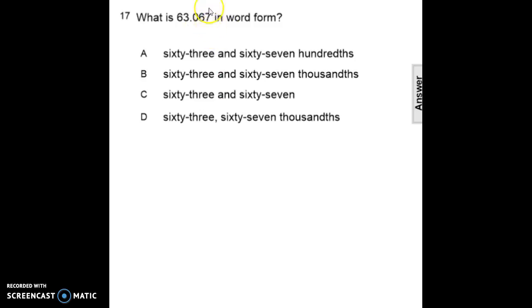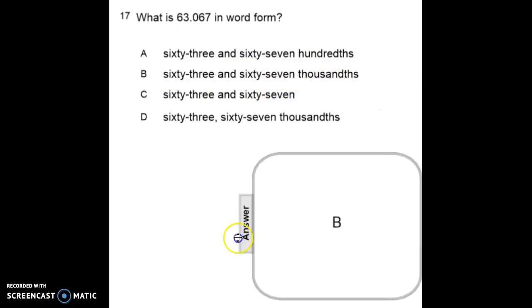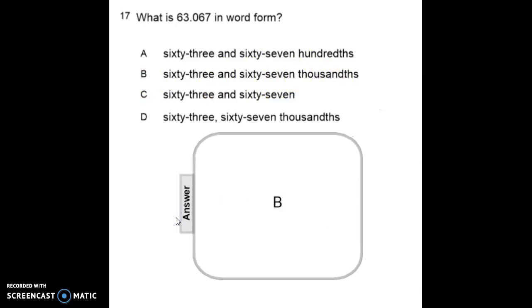This last digit is in the thousandths place. So whatever my answer is, it must be in the thousandths place. The only one of these that have and the word thousandths for 67 is answer B. This has been a quick introduction in writing decimals in standard form. We're going to take a closer look at other forms.